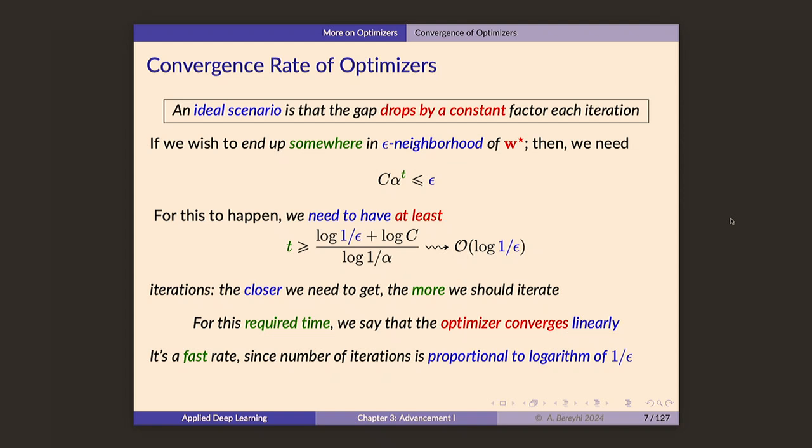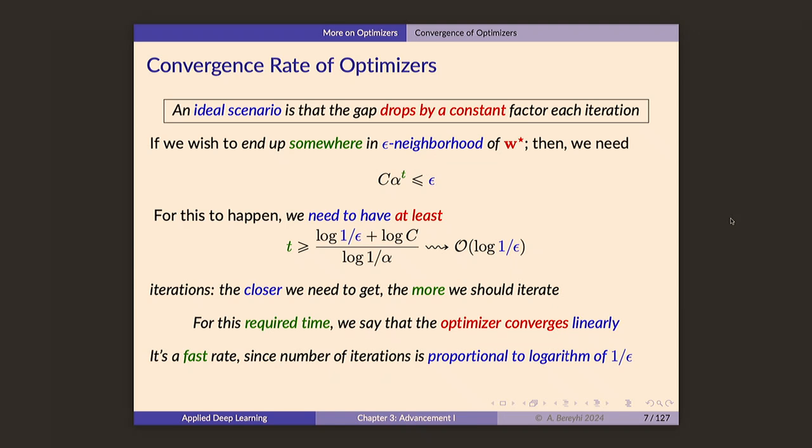Yeah? And you might tell me, okay, there is no linearity here. It's logarithm. I mean, it's because people think of error in the exponent. So they think like epsilon is e to the power of something always, and then the amount of time that you need to spend is proportional to that thing, right? And because of that, they call it linear convergence.